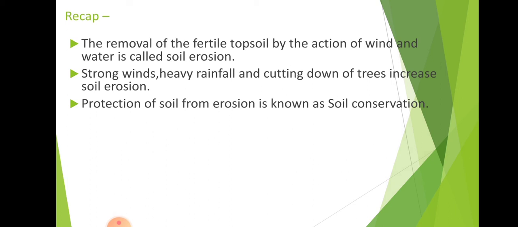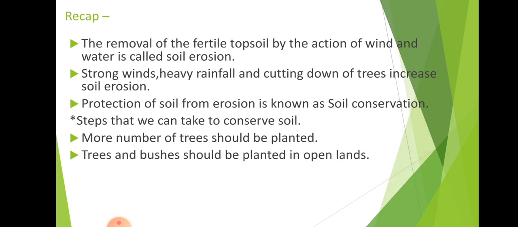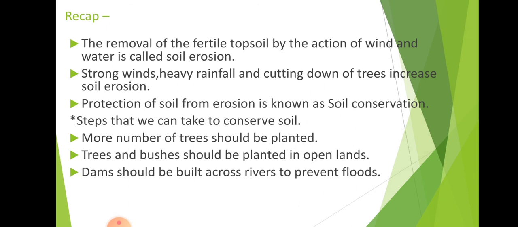Protection of soil from erosion is known as soil conservation. Steps that we can take to conserve soil: more number of trees should be planted. Trees and bushes should be planted in open lands. Dams should be built across rivers to prevent floods.